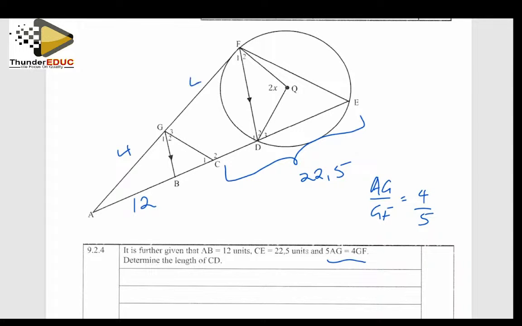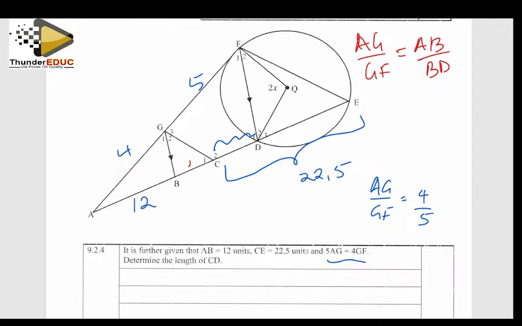If that is 4, then this is a 5. I want us to find the distance CD. From the ratios that we had earlier on, let's just use them and see.